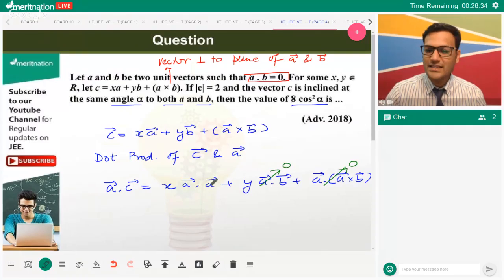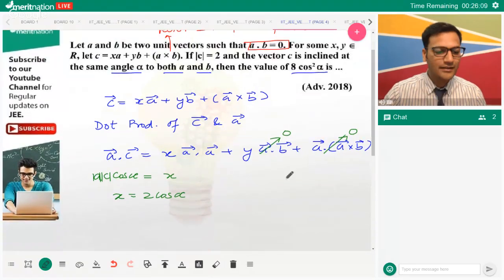A dot A is just A squared, and A is a unit vector, so that is 1. Hence, A dot C, which is nothing but magnitude of A times magnitude of C times cos alpha, is equal to x. A is a unit vector, C's magnitude is 2. So x is basically twice of cos alpha, right?